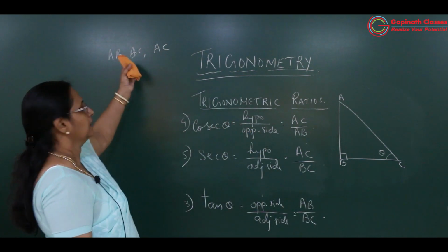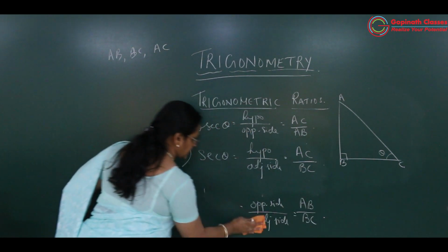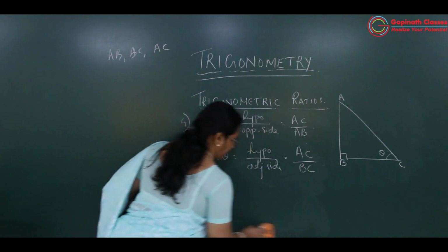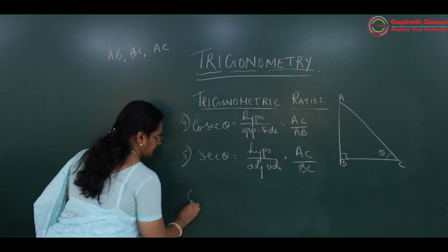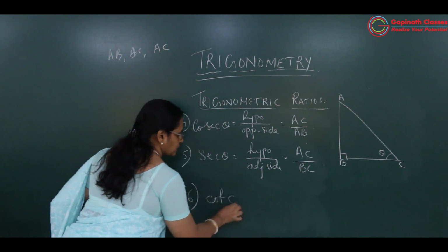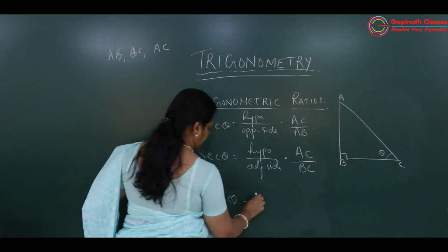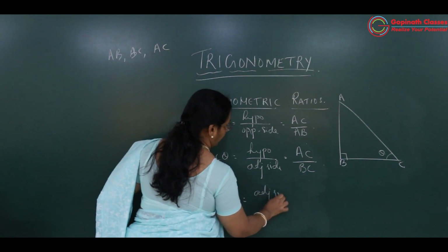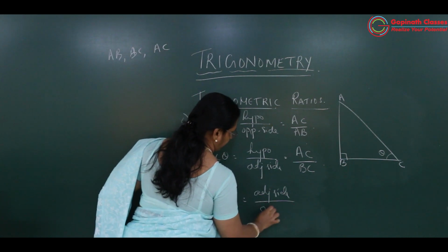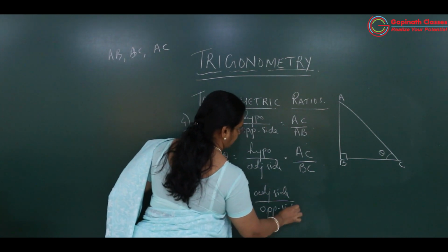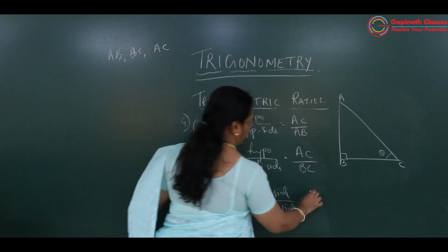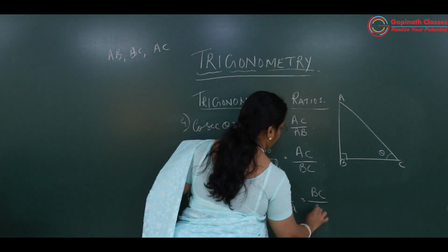Now the last one, the sixth one, is the reciprocal of tan theta, which is cotangent theta, or in short known as cot theta, and it is adjacent side upon opposite side, which is BC upon AB.